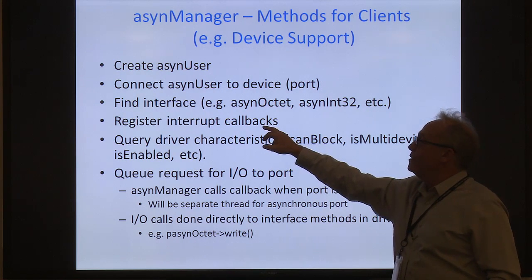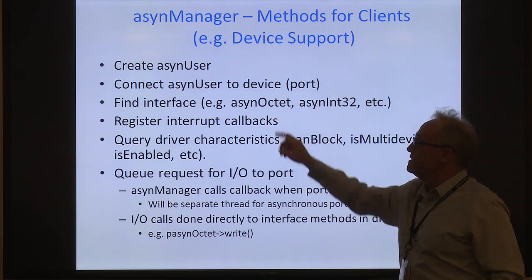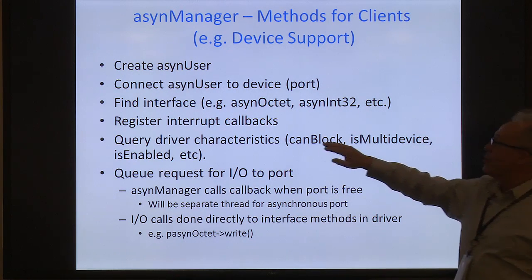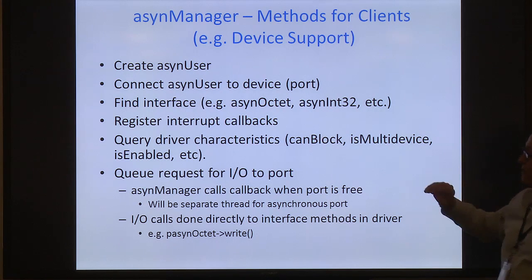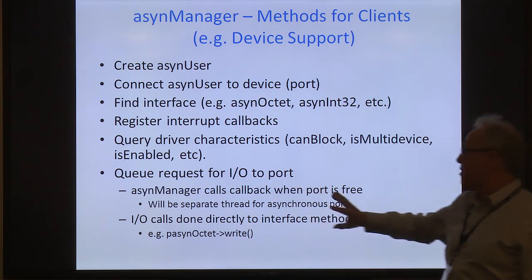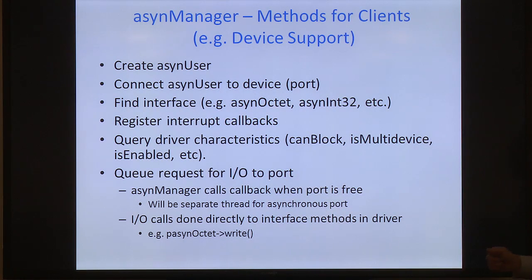Then you say, I would like to register for callbacks on one or more of these interfaces. You can query the driver characteristics. In other words, can it block? Is it multi-device? Is it enabled? And so on. And then finally, you can queue a request for I/O to the port.